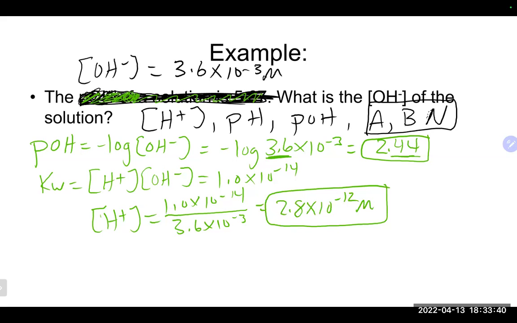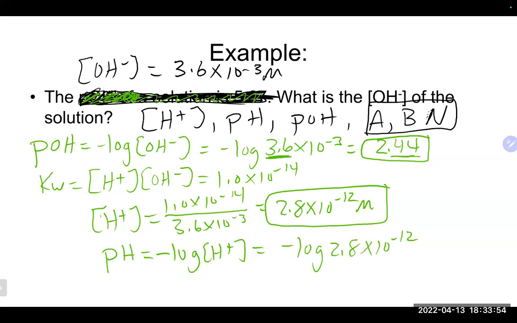Now, why not? I'm going to go into the old school pH calculation here, minus the log of H plus. That is going to be minus the log of 2.8 times 10 to the minus 12. So that one is going to be a negative button, a log button, a 2.8 exponent negative 12.